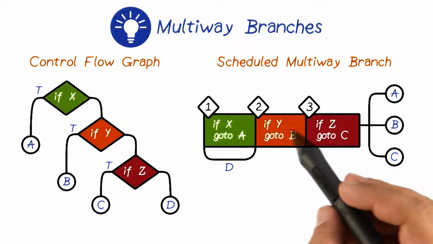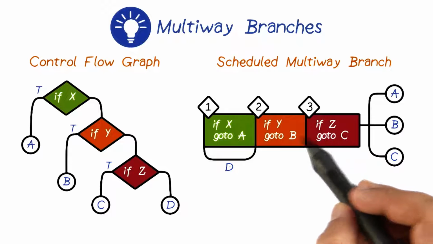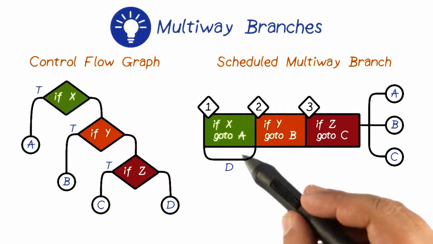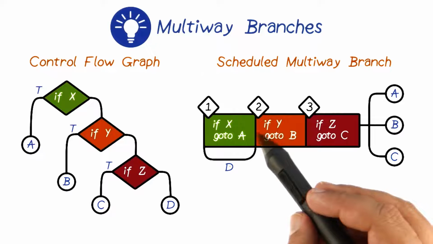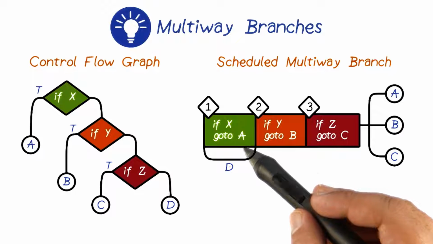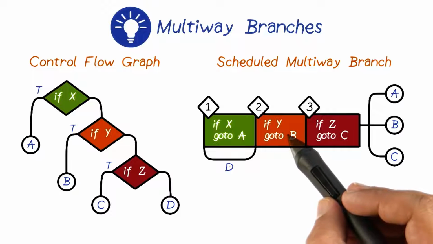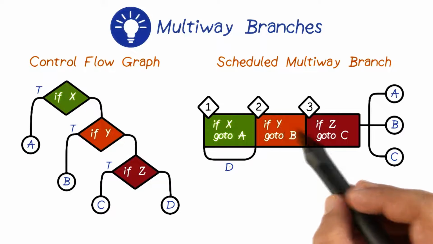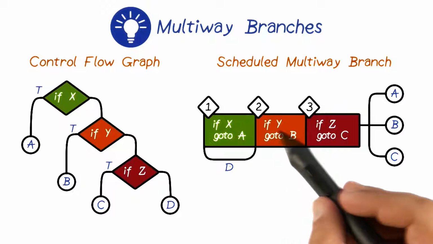So as you can see here, if all three are false, then none of the targets are active and the instruction falls through. However, if the first is true, then that is effectively the target of the branch, and it effectively turns off the other two outcomes because their predicates, as decided by the first one, are false.